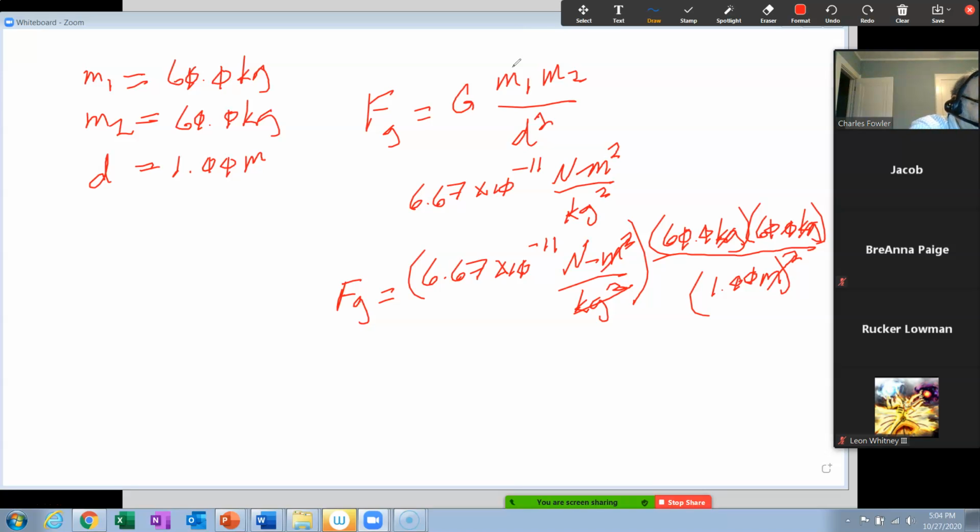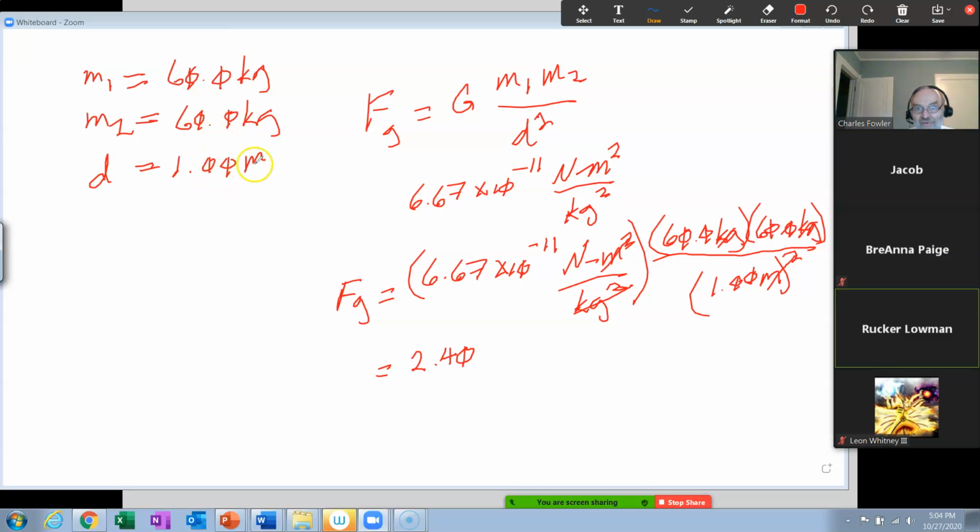Okay? Now, what is our answer here? The force due to gravity is, now I'm going to change it back to scientific notation. Move that decimal all the way past the 2.40. Now I'm going to stop there because this is 3 significant digits.